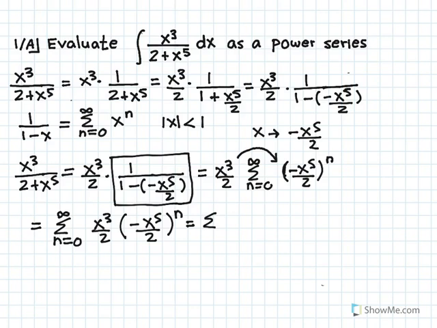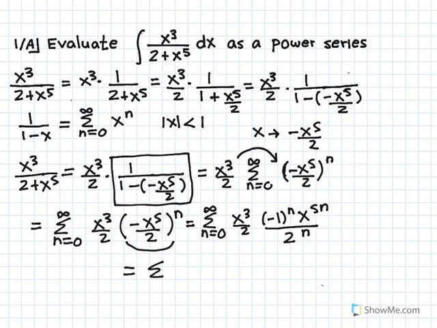We get summation n equals 0 to infinity of x cubed divided by 2 times negative 1 to the power of n x to the power of 5n divided by 2 to the power of n. We're simplifying the stuff inside the brackets, and now we simplify this a little bit further.